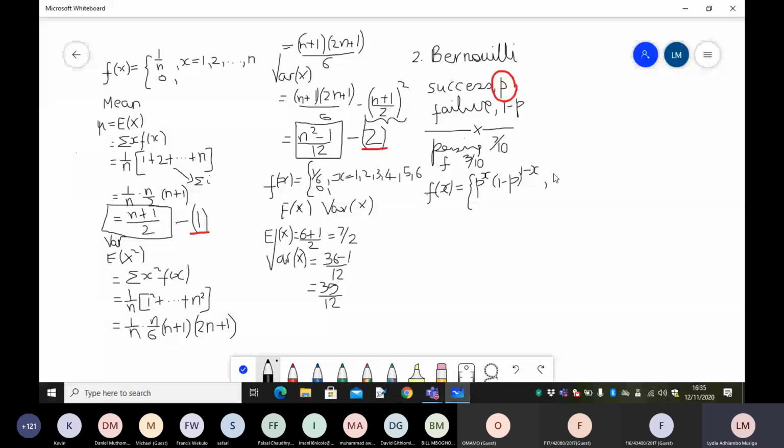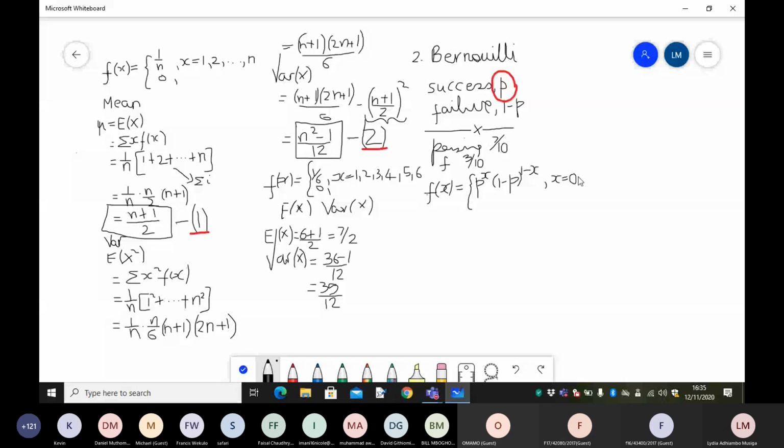And because there are only 2 outcomes, x takes values 0 or 1, and of course 0 otherwise.